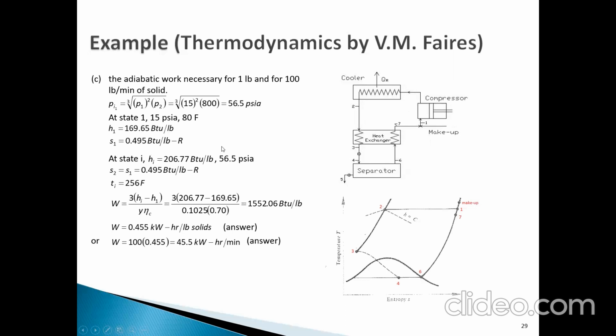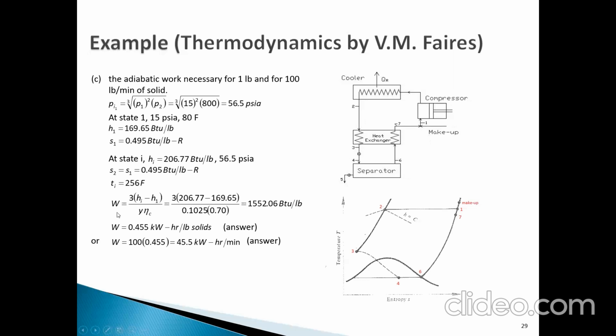Ang hanapin mo doon is yung 56.5 tapos yung entropy na 0.495, makukuha mo yung properties na 206.77 BTU per pound. Okay? Pag chart nga, siguro magtama yung tuldok mo doon. So, mas maganda by numerical value na lang para accurate.